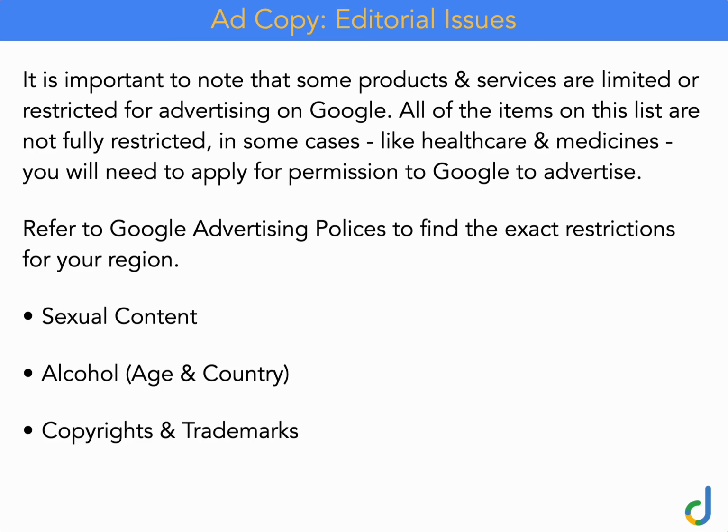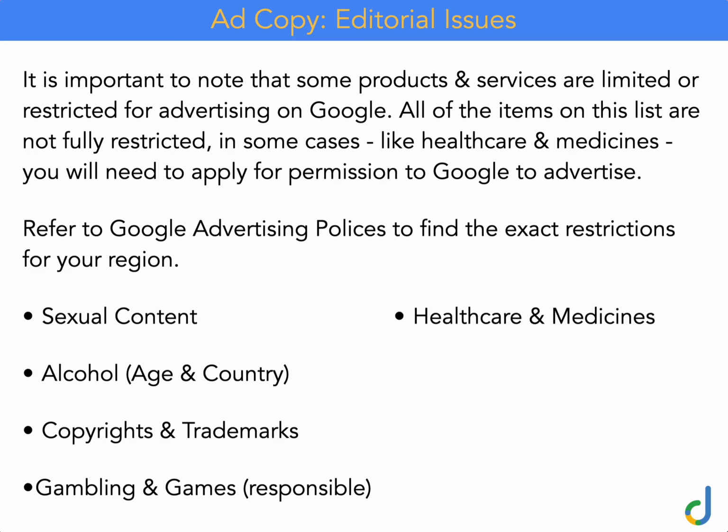So we'll just go through these. Obviously, things with sexual content, alcohol, there's different copyrights and trademarks, gambling, healthcare and medicines, political content, and different financial products. So this is going to be different depending on where you're advertising. It's just mindful to be aware that there are some services and products which do have limitations for their advertising on Google.